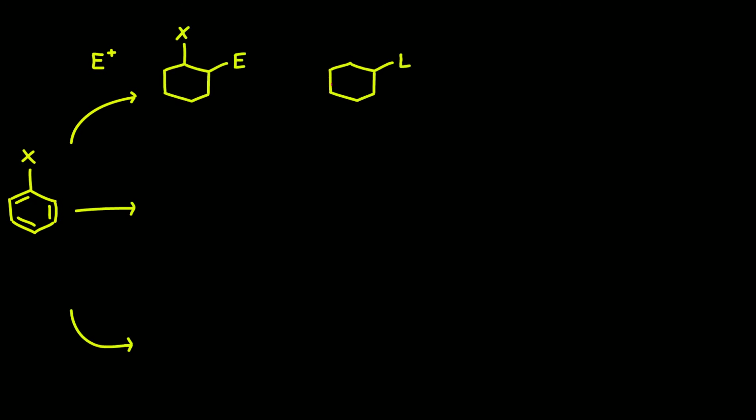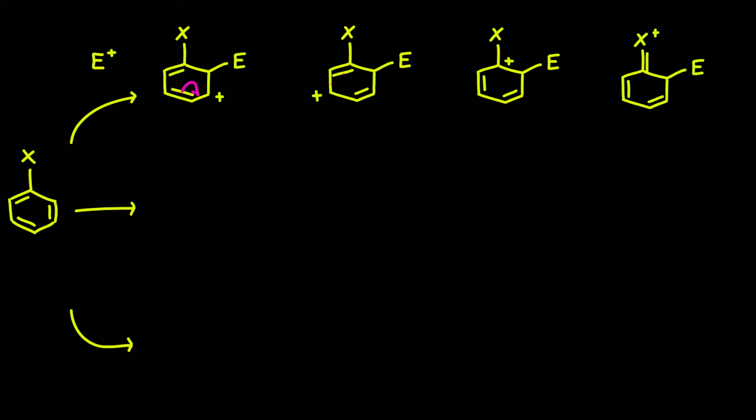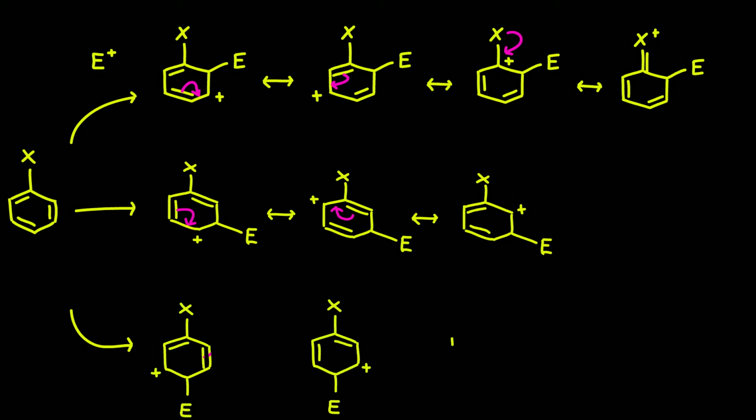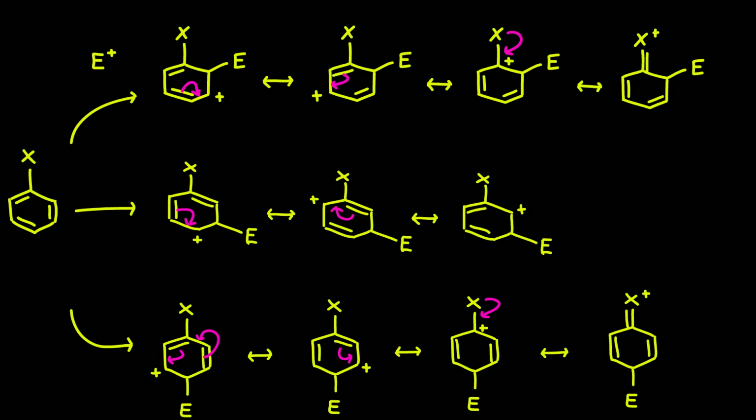If resonance forms of that carbocation can place the positive charge next to the X group, and the X has a lone pair to donate, then there's an extra canonical form. That occurs in ortho substitution, but it doesn't occur in meta substitution. And it does occur again in para substitution. So ortho and para substitution is favored if the X group can donate lone pairs.